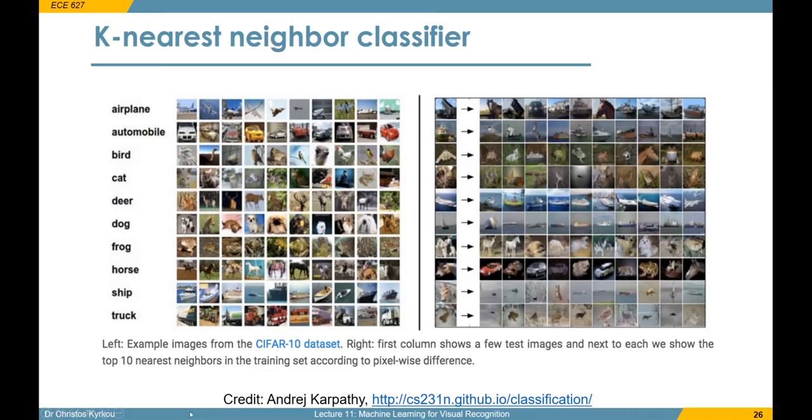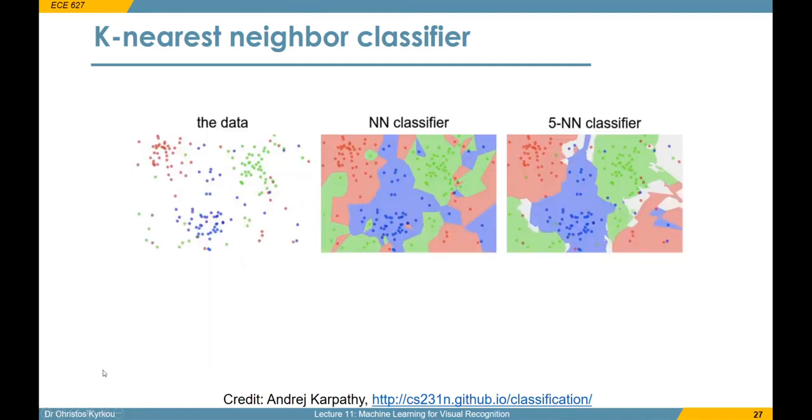So let's talk a bit about the nearest neighbor classifier. One final point. We have the data on the left, and we have different options for selecting our k. Which one would possibly be a good case? We look at the middle with a single nearest neighbor.